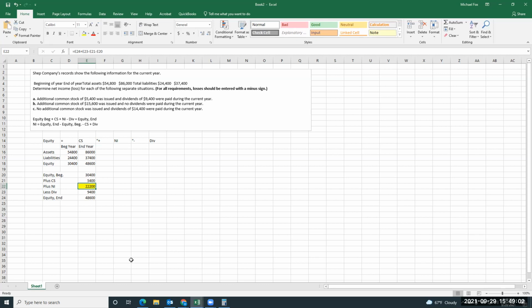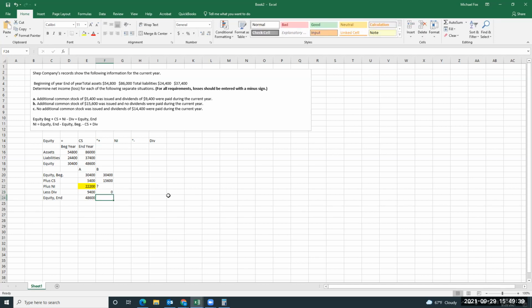We can do the same thing for scenario B, which is additional common stock of 15,600 issued and no dividends paid during the current year. I'll label this one B. Again, we start with our equity at the beginning, 30,400. Common stock of 15,600 was issued. We don't know our net income. Dividends were 0.